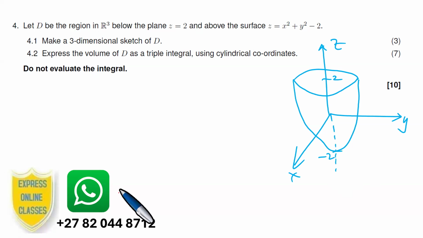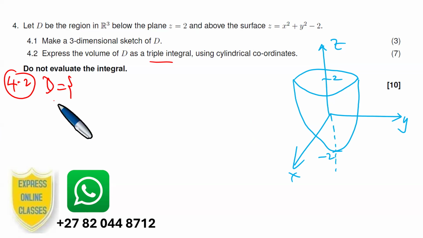Now, express the volume of D as a triple integral using cylindrical coordinates. In 4.2, you have D for the cylindrical coordinates.